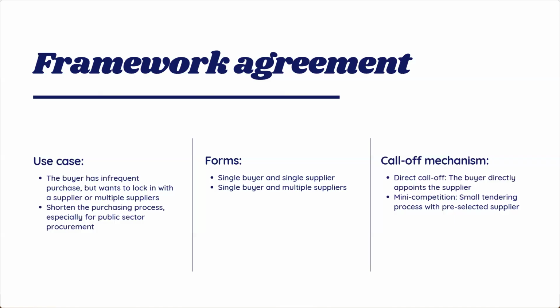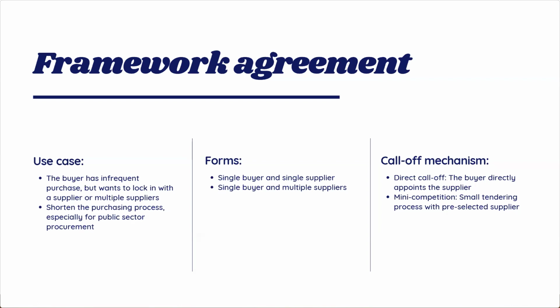You can just send a purchase order. So the framework agreement is pretty versatile, you can use it in many cases, and it can bring many benefits to the buying party.